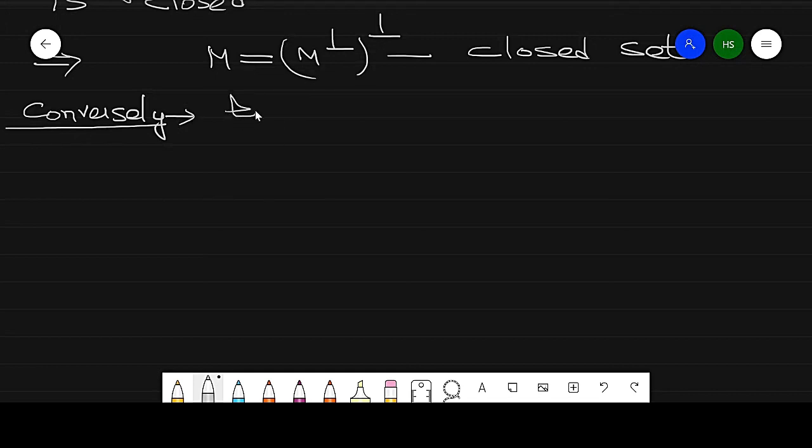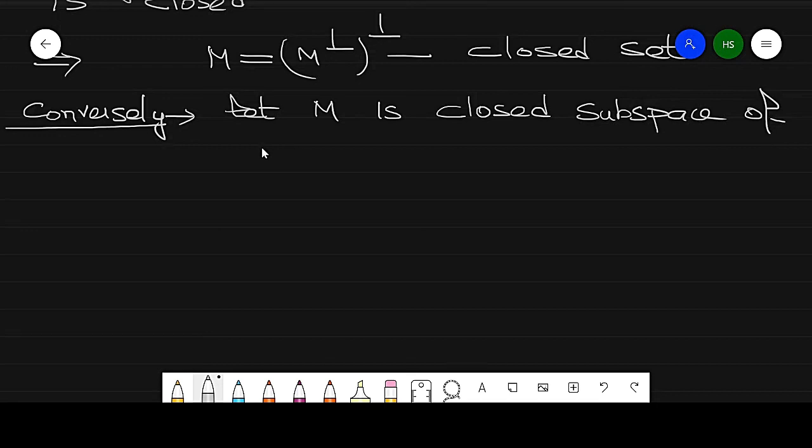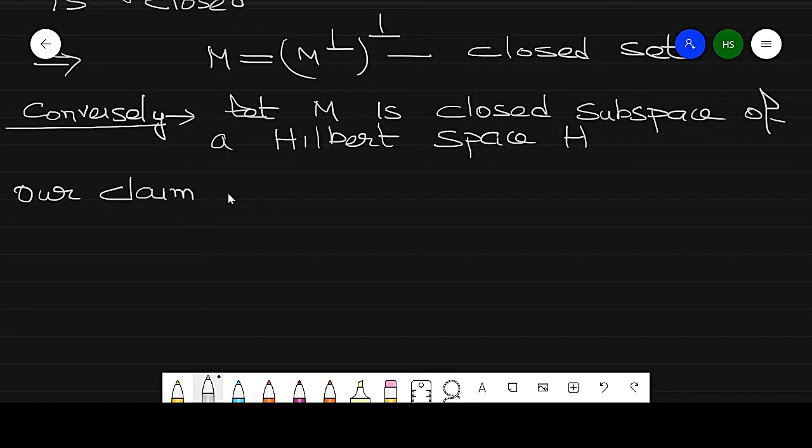So let M be a closed subspace of a Hilbert space H. So my claim in this case is that M is equal to its double orthogonal complement.